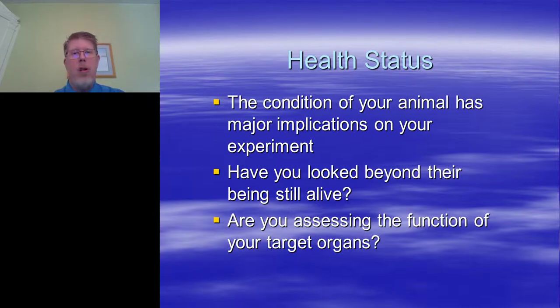Full stop, no argument, it will change your results. Just looking to make sure that they're walking around and eating is not sufficient, especially if you're trying to affect a target organ. If you're doing brain surgery, you probably want to make sure that you're doing it on a healthy brain. If you're doing cardiovascular surgery, you probably want to make sure that you have a healthy cardiovascular system.